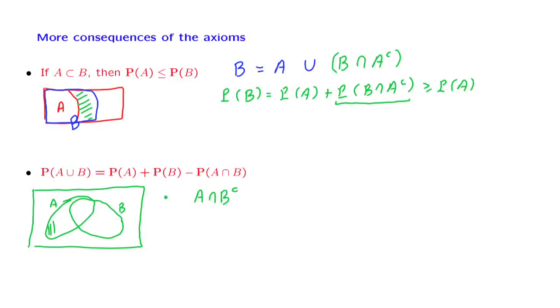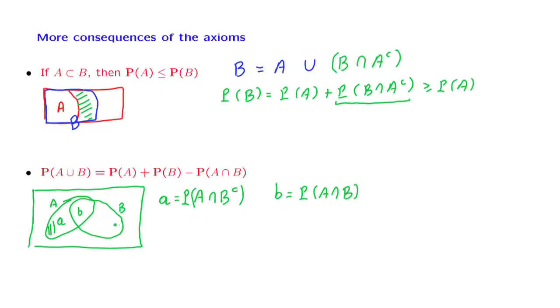This set has a certain probability, let's call it little a, and indicate it on this diagram. So a is the probability of this piece. Another piece is this one here, which is the intersection of A and B. It has a certain probability that we denote by little b. This is the probability of A intersection B.